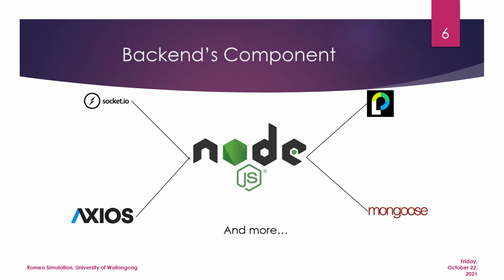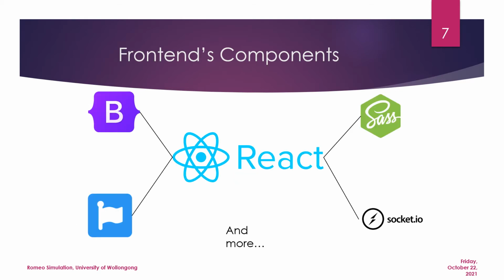While the common features can be easily developed using packages from NPM like socket.io for live chat and passport.js for user management, etc., the detail of how those technical features are addressed will be explained later. For frontend, React.js is our choice because of its high development efficiency and excellent performance.